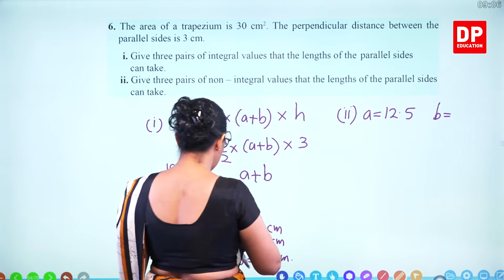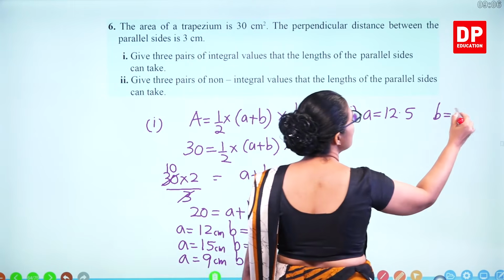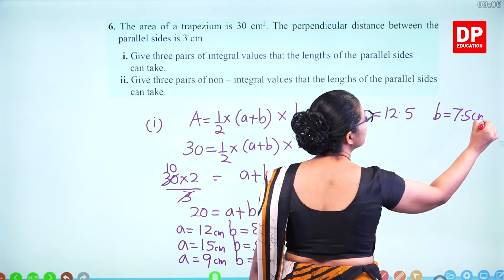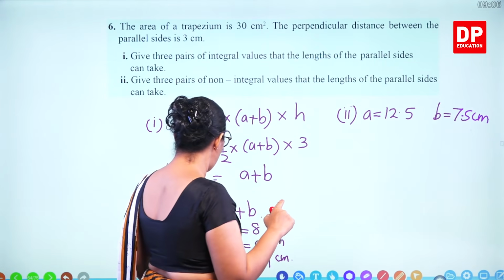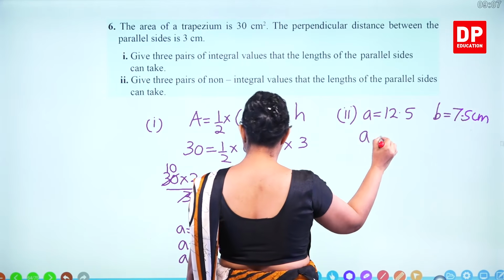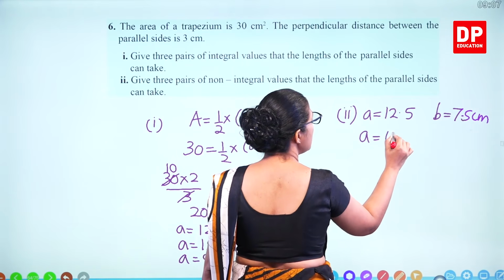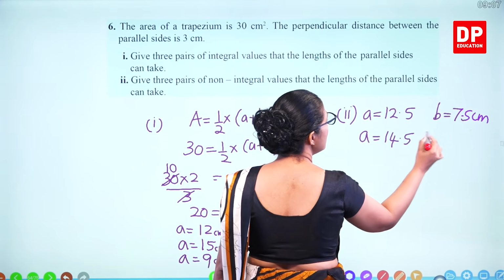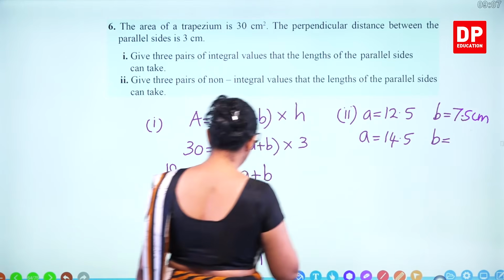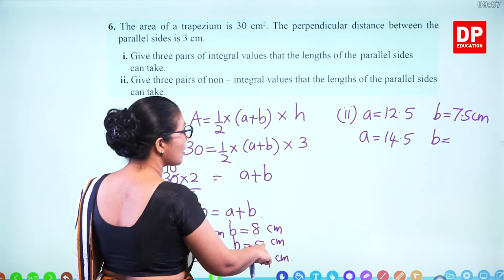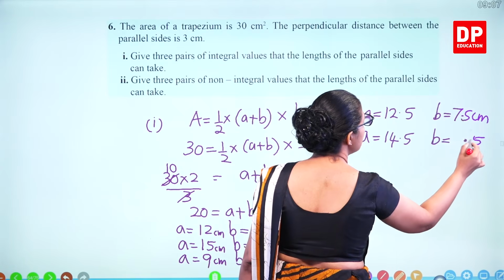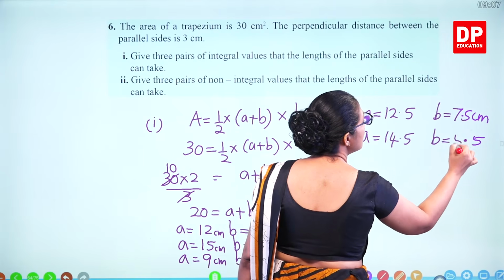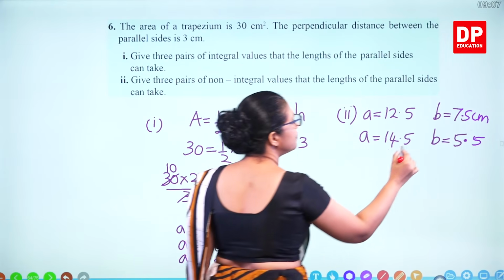B becomes 7.5. The sum is 20. If a equals 14.5, b becomes 5.5.